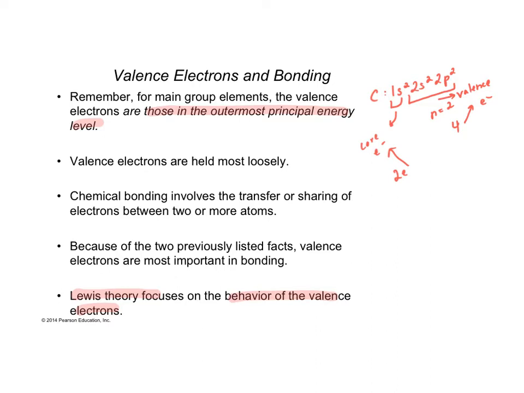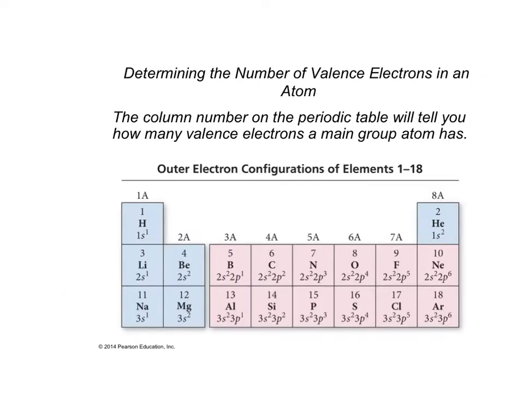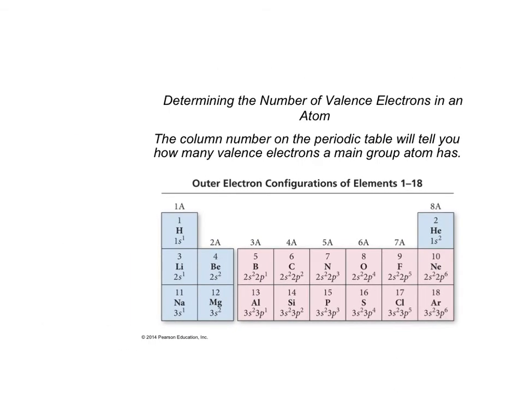How do we know how many valence electrons something has without having to draw out the electron configuration every single time? Right, so if we're dealing with main group elements, so remember main group are the first 2 columns and the last 6 columns.